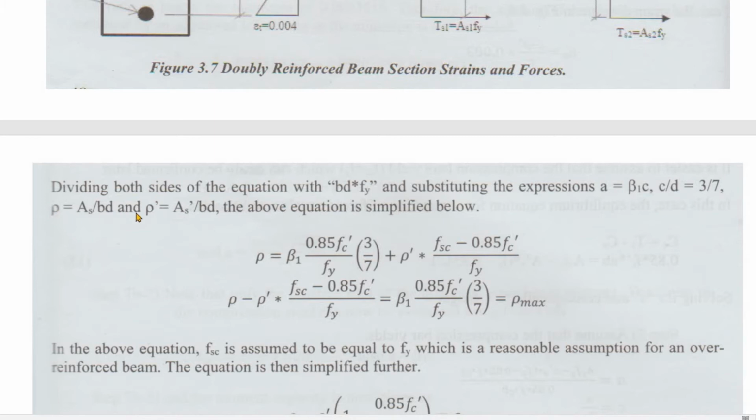Okay, dito dalawang steel ratio. You have rho, tsaka yung rho prime. Yung rho prime, this corresponds to your compression steel all over bd. Yung rho, this is your tension steel na AS all over bd. So the above equation is simplified below. Okay? So, ito ngayon yung magiging equation ng ating rho max, which is equal to beta 1 times 0.85 F prime C all over Fy times the quantity 3/7.